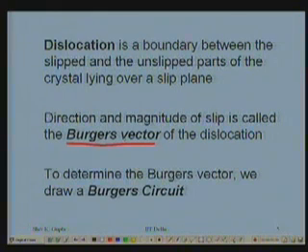Now, as I said already, direction is relative. When I said the top part is pushed to the right and the bottom to the left, it is relative.